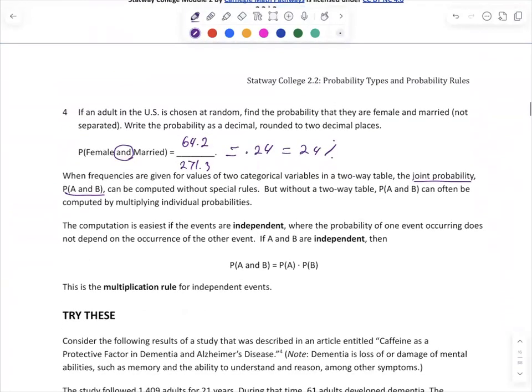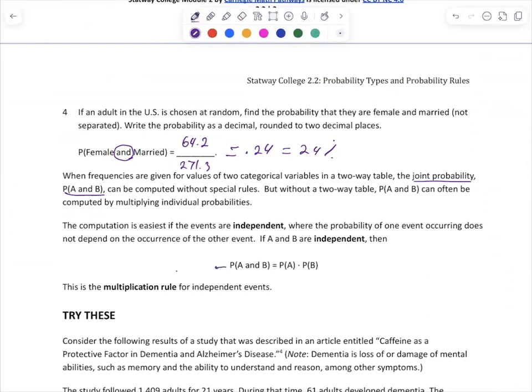Now, the computation is easiest if you have two independent events, where the probability of one event happening doesn't depend on the happening of the other event. If A and B are independent, then their joint probability is just a multiplication of their own probabilities.